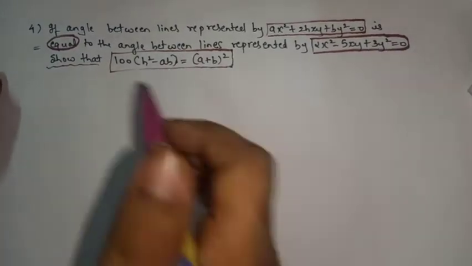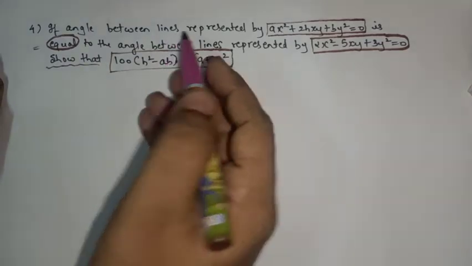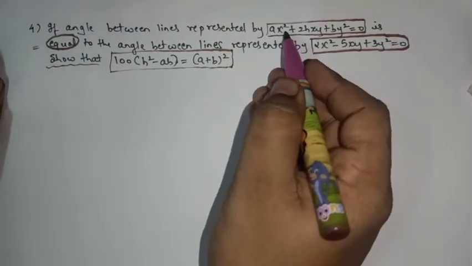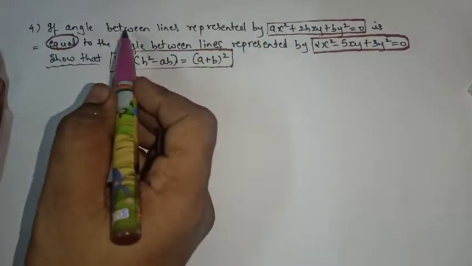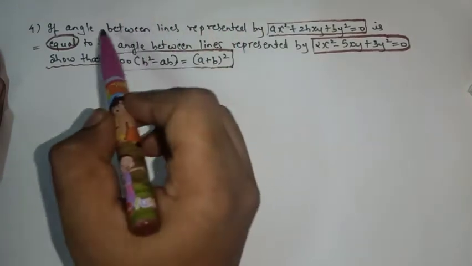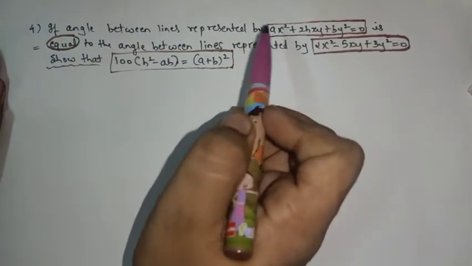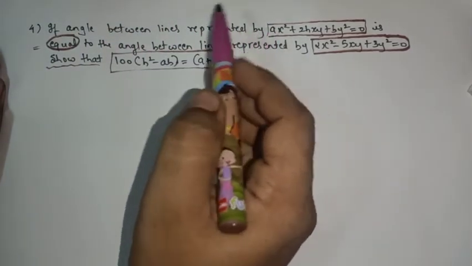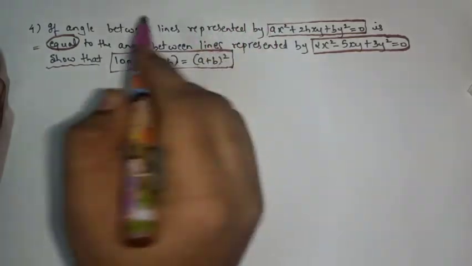It means the angle between the lines represented by this. So we don't know the angle between the lines. Whether the angle between the lines for this equation is 30, 60, 45, we don't know.